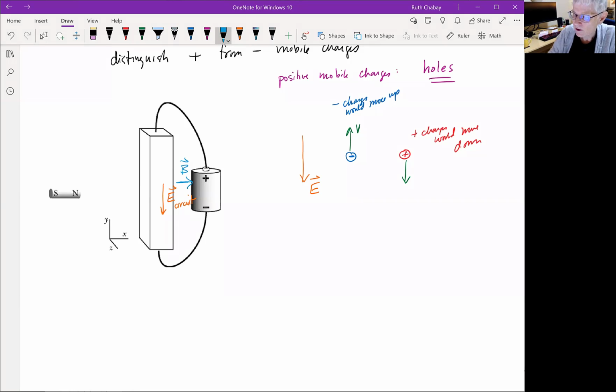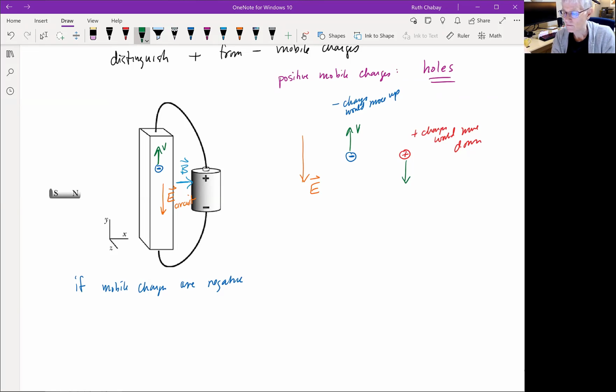So let's see what would happen if our mobile charges are negative. We'd have an electron here moving in the plus y direction.